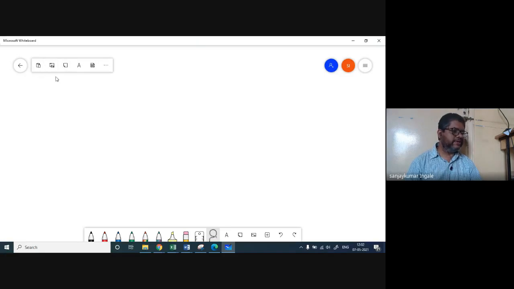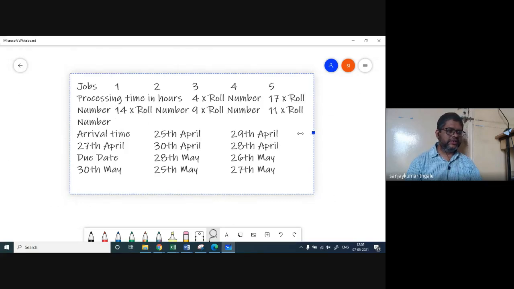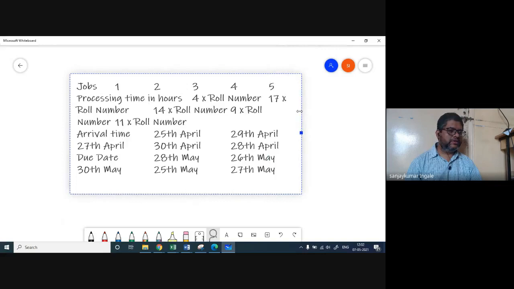Whether it can be pasted. Okay, so I could paste it here. See how many jobs are there? 5 jobs are there. And now these 5 jobs we need to process.